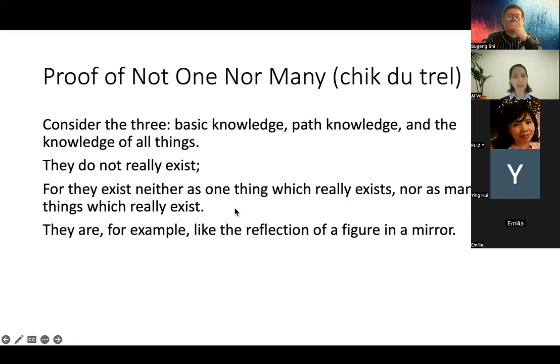Meaning they don't exist as one because there are three, and they don't exist as many because they actually come from the seeds, like the reflection in a mirror. So here we just want to prove that they are not one, they are not many.